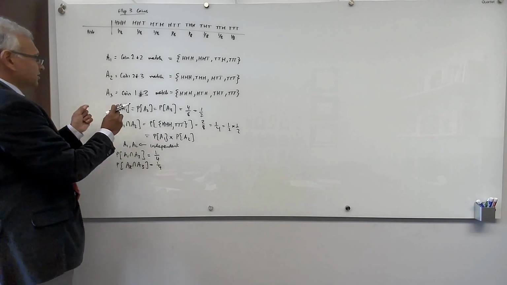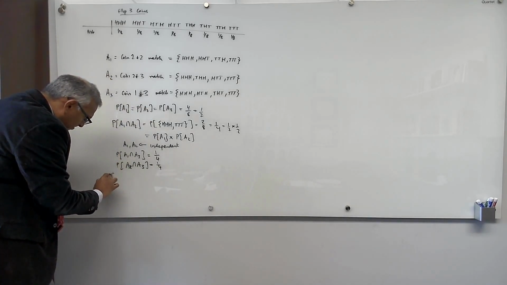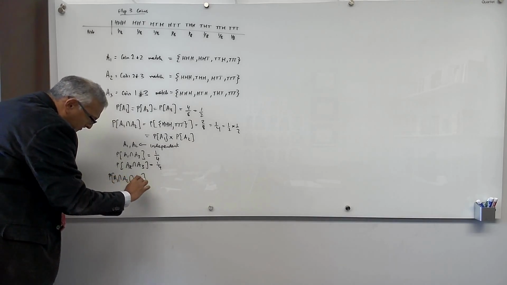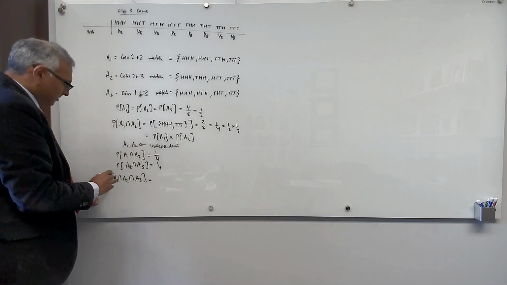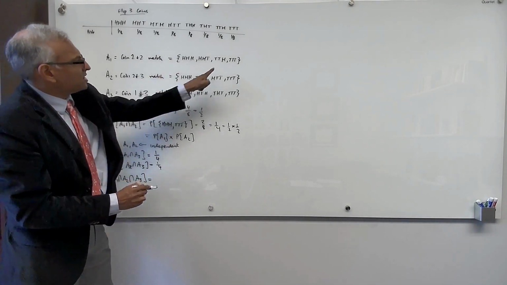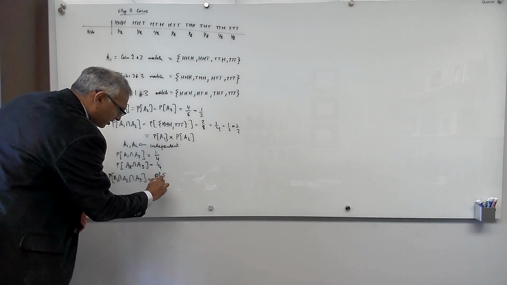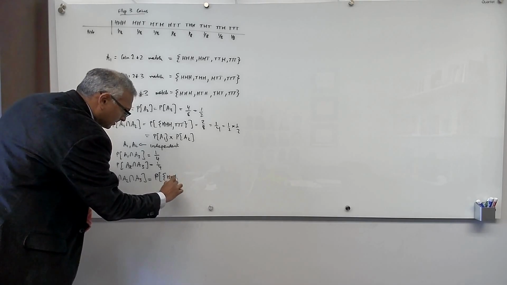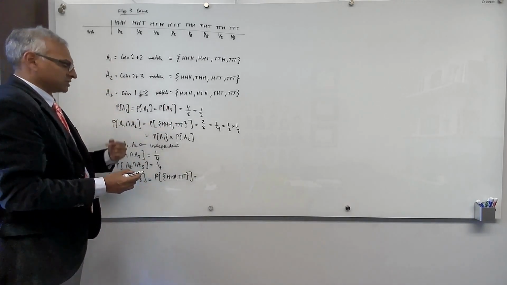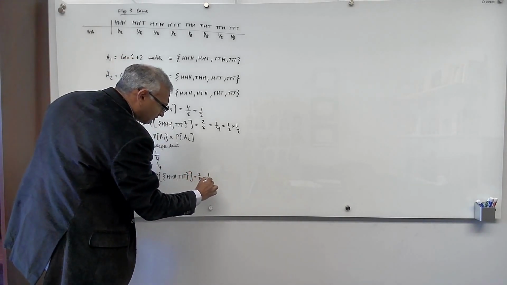But now let's consider the intersection, the AND of all 3 events. The probability of A1 and A2 and A3 requires the intersection of all 3 events, and you'll see that HHH and TTT is common to all 3. So it's the probability of the event HHH and TTT, which is what we just computed, 2/8, which is 1/4.